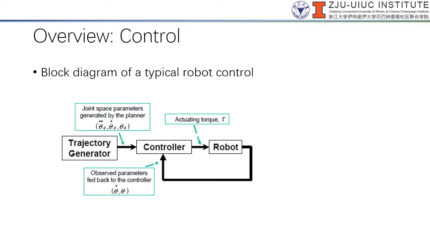So this is a typical control scheme for a robot. You have things like joint space, which can be converted to the task space, and the observed parameters will be fed back to the controller to achieve the ideal outcome.